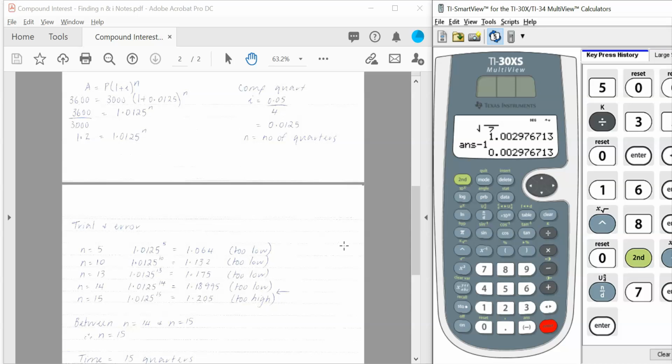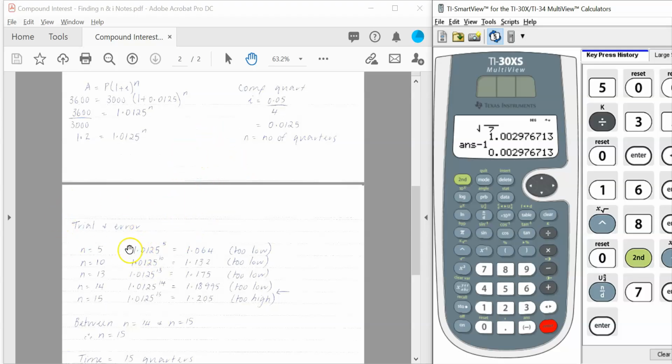Now I'll just make the point here that if you have learnt how to solve equations where unknowns are in the power using your logs and you're comfortable doing that, that's not a technique that we are going to teach in general maths, but if you already know how to do it, then you are more than welcome to use that technique here to solve for n.